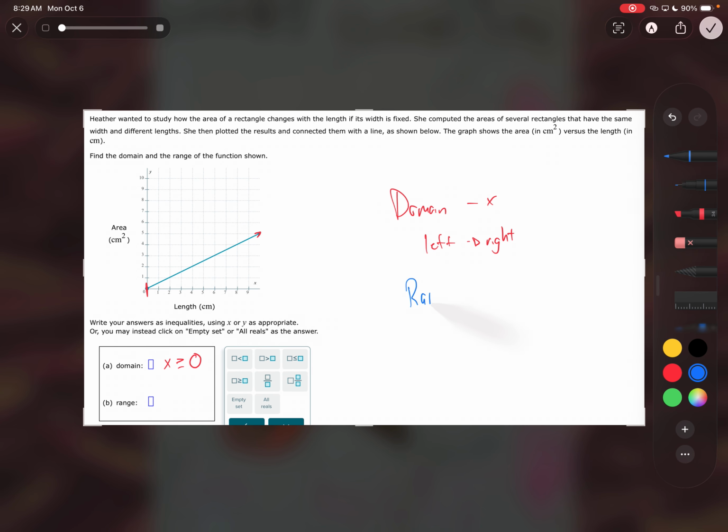And my range is going to be my Y's, how far the bottom of the graph is to how far the top of it is. So the bottom of this graph is at 0, and again, you have the arrow, so it is going to go up as it goes, right? So this is y is greater than or equal to 0.